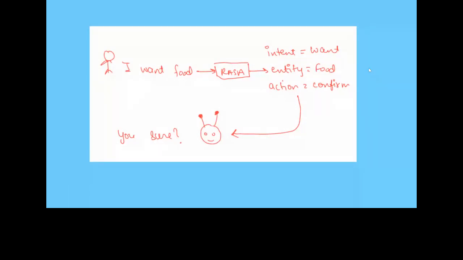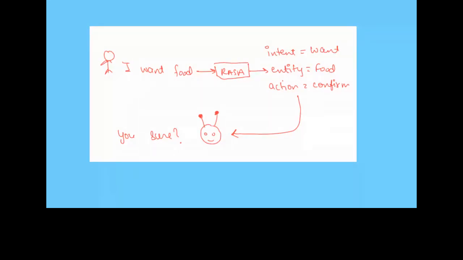So a user asks, okay, I want a food, and Rasa generates these things: intent, entity, action, and then it asks something like "you sure?" Now how it generates intent, entity, action, and how it figured out that okay, want is there and food is going to be an entity and action will be a confirm. Now let's go to that point.